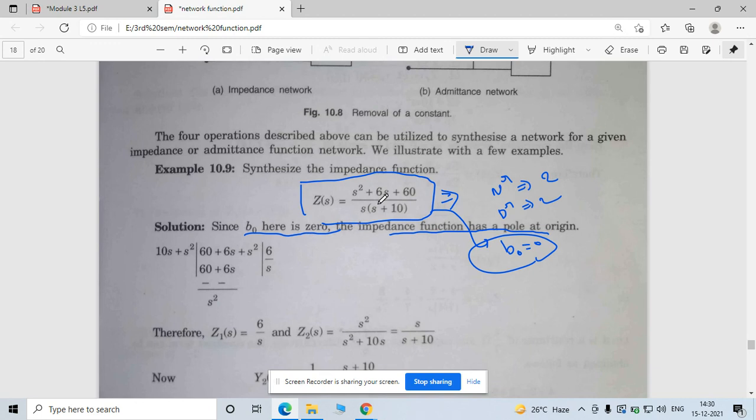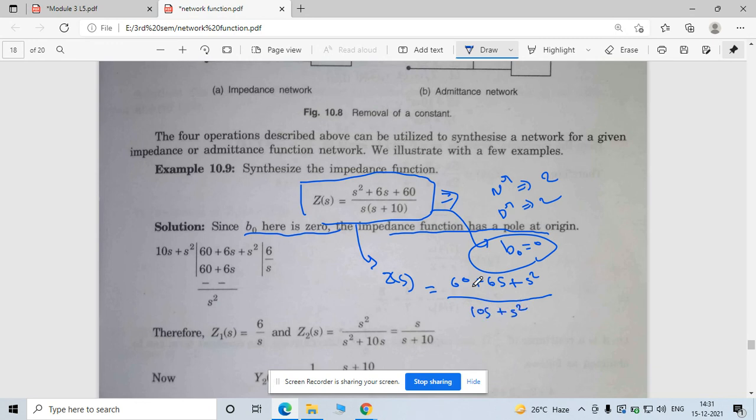How to proceed is you have to simply arrange this equation in descending manner. So rewrite this Z of s in descending order, that is 60 plus 6s plus s square, divided by 10s plus s square.